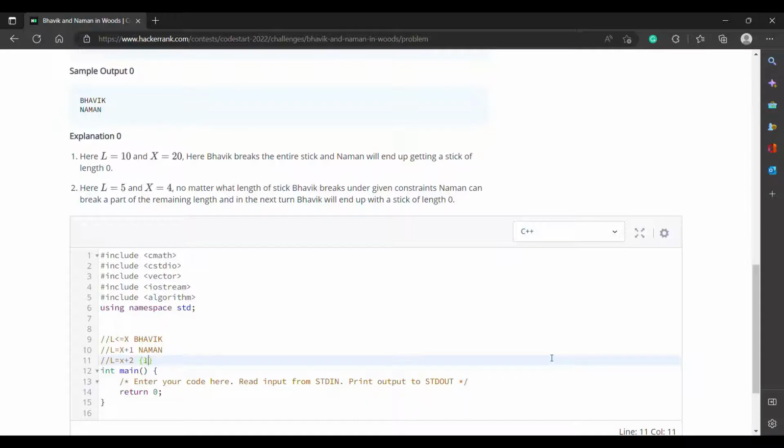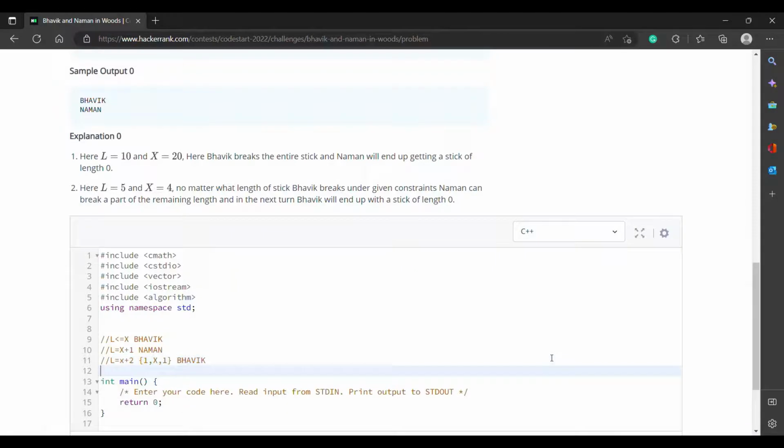Now Naman will have x plus 1 length of the stick to break, but at max he can only break x. And after that Bhavik will get a chance to break the remaining one part of the stick and hence the winner will be Bhavik. So we have to output Bhavik.